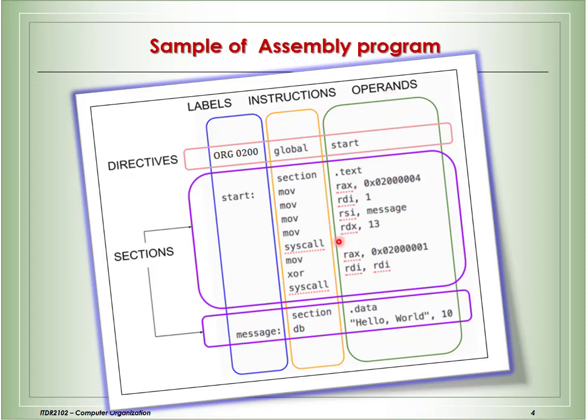Now here in purple are the sections. You can see there are two types of section: section.text and section.data.